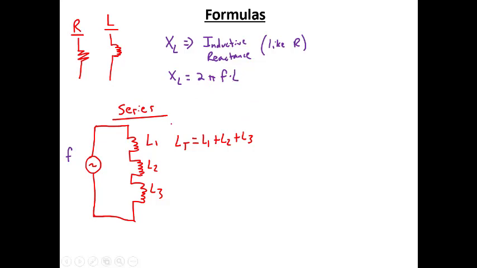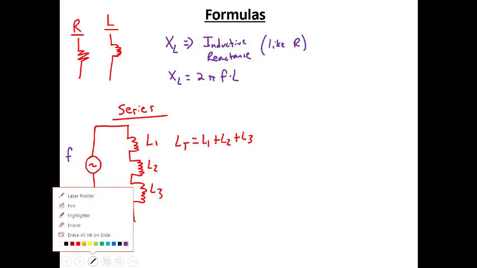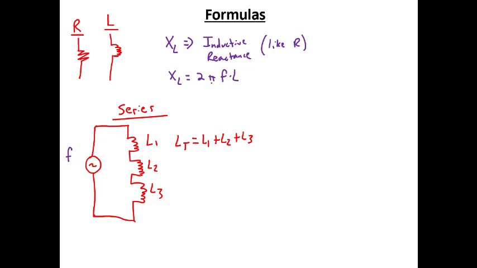So in this formula, pi is 3.14, so we can just use that as a number. F is the frequency, which should be given for the problem. If one of the frequencies is known, so let's say that this is 60 hertz, that means the frequency in the whole problem will be 60 hertz.